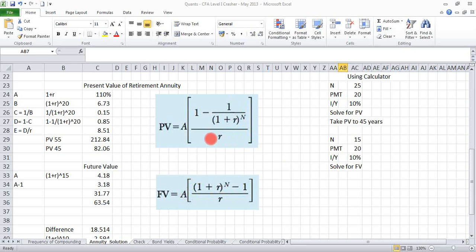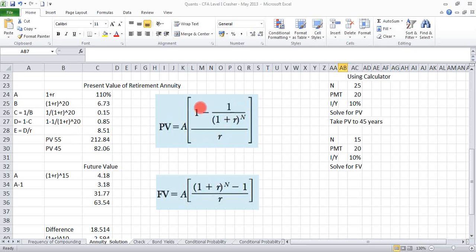So if we solve using this, let's first find out the present value of the retirement annuity. We calculate 1 plus r, which is this term, raised to the power n, which is 20 in this case, and we get 6.73. Then we take the reciprocal of this, 1 by 1 plus r to the power n, to get 0.15.